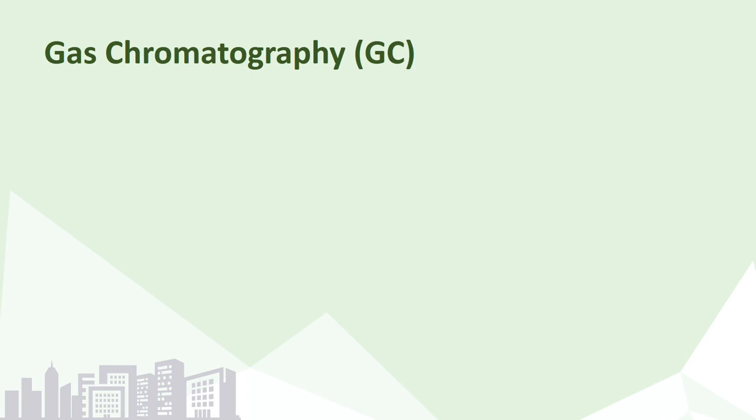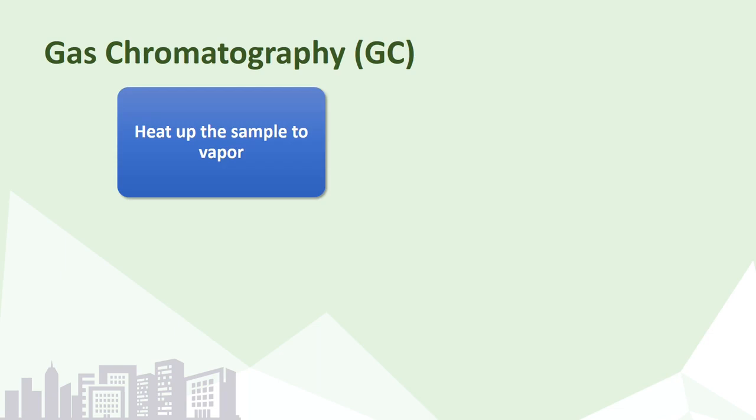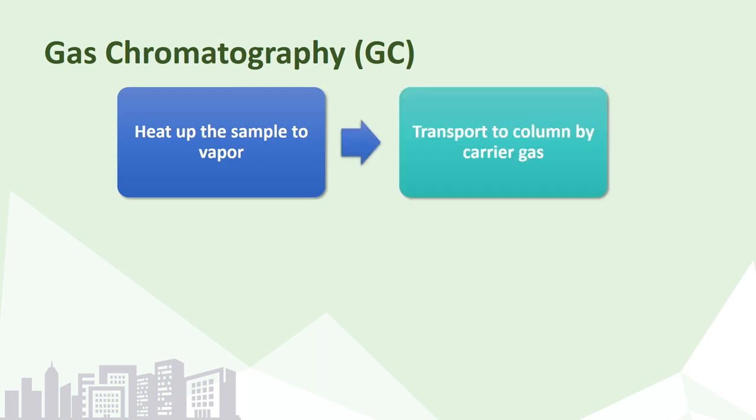Separation means that the mixture of compounds sampled is separated into individual components during the process. The sample is first heated to vapor and transported to a column by carrier gas.